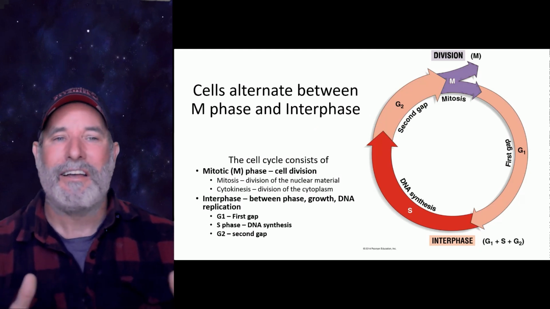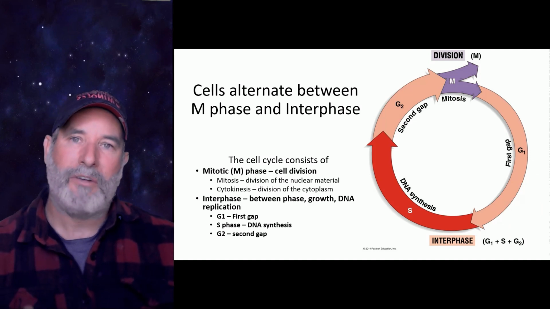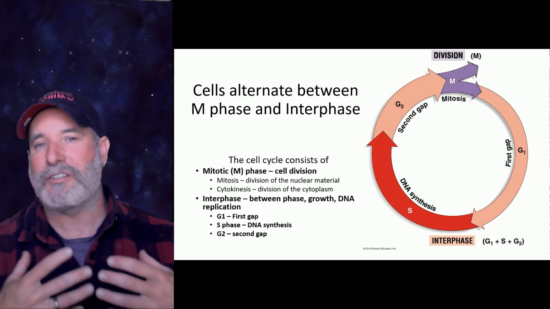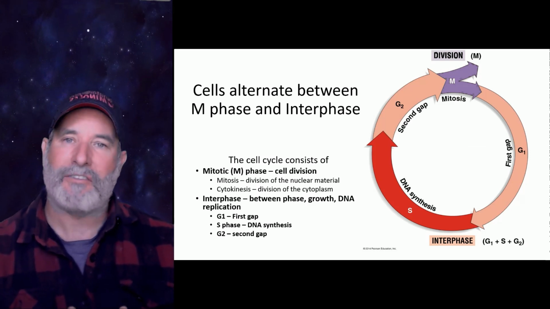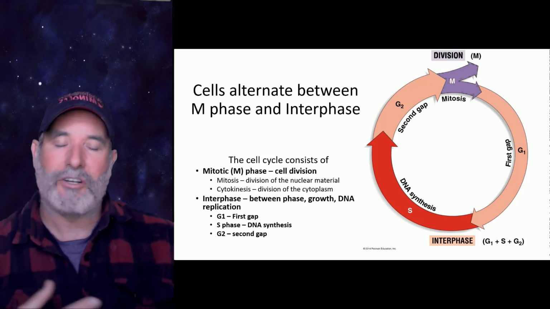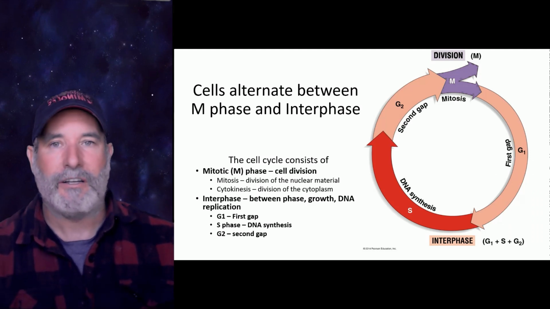So here it is. Here is our cell cycle. We alternate between the M phase, which is known as the mitotic phase. That's when the cell is actually dividing. And then you have what is called interphase. And that's when the cell is growing, preparing for the mitotic phase, and also replicating its DNA. So, mitotic phase, cell division.